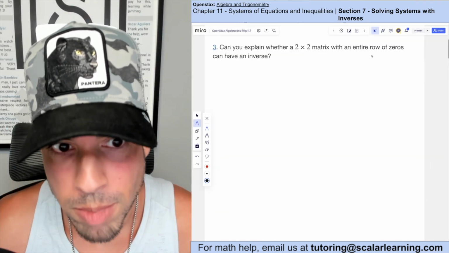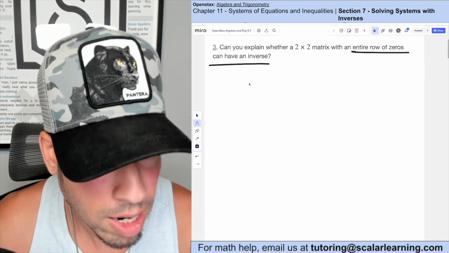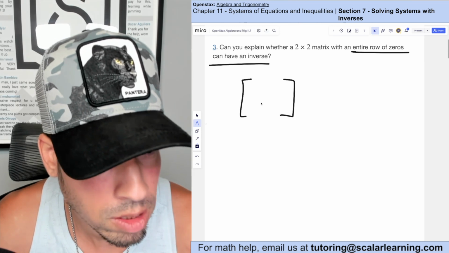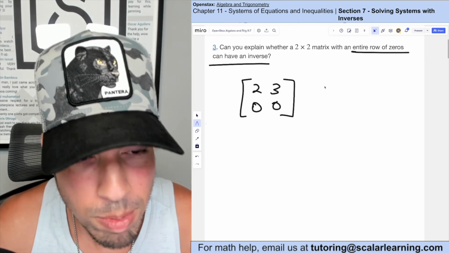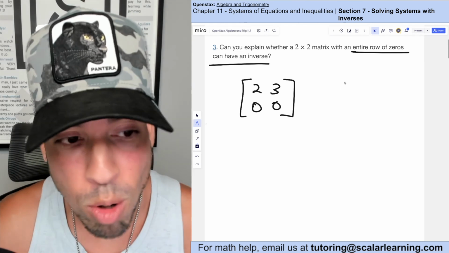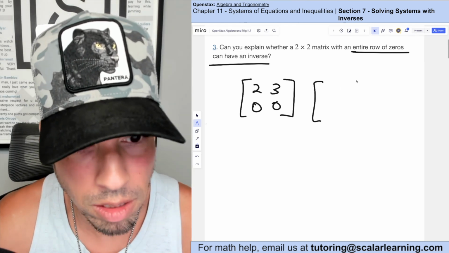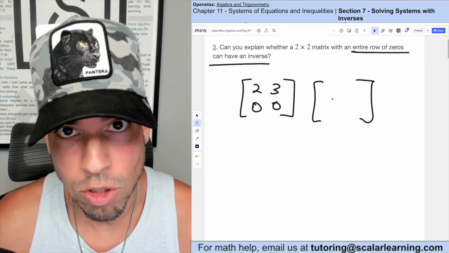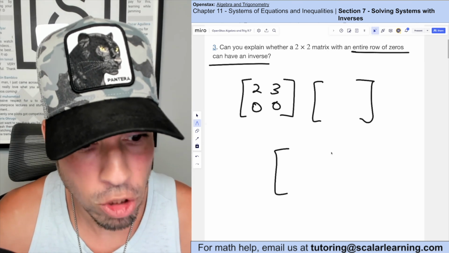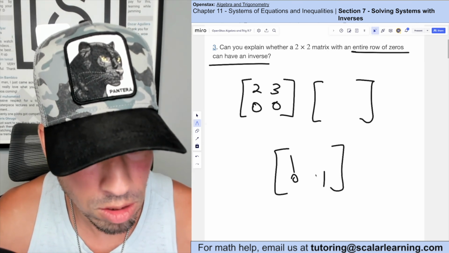Can a 2 by 2 matrix with an entire row of zeros have an inverse? And I would say no. The reason why is, think about it, right? If you supposedly had an inverse, the product of this and its inverse should be the identity matrix, with 1, 1 like this and zeros here and here.